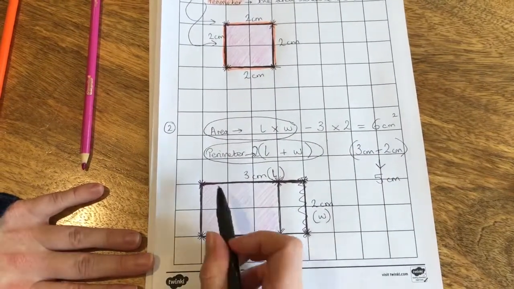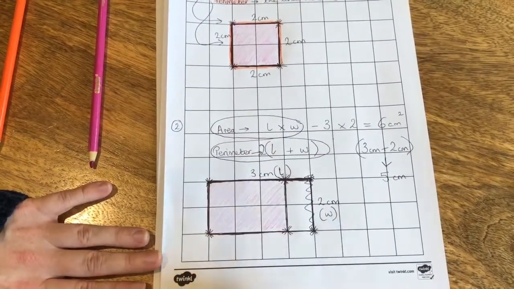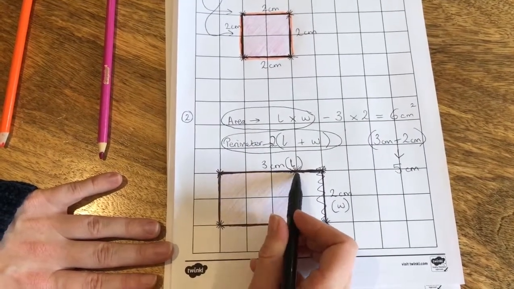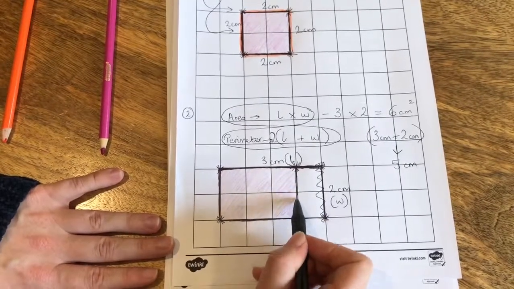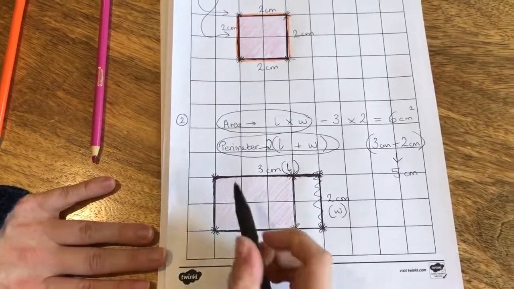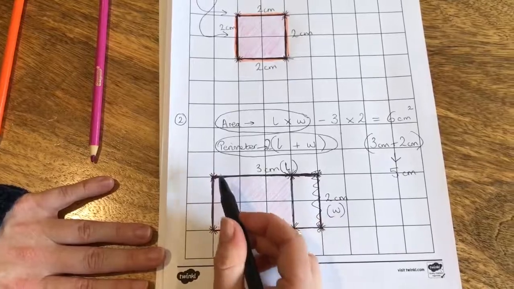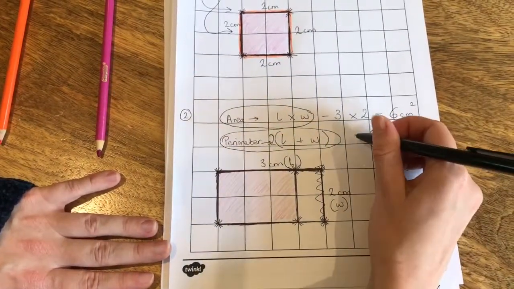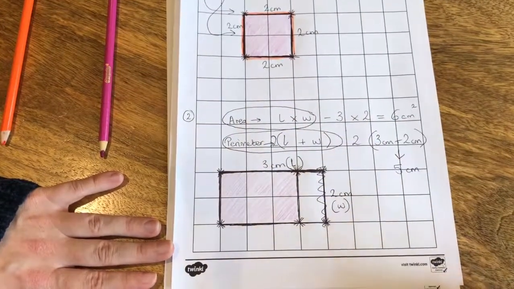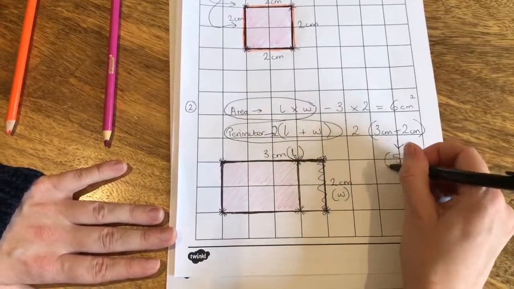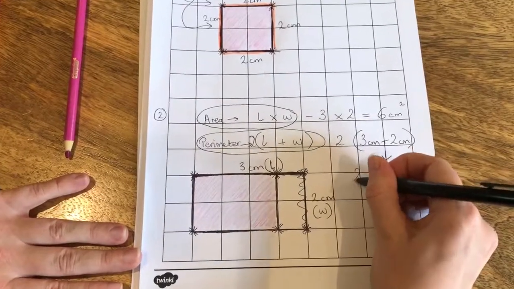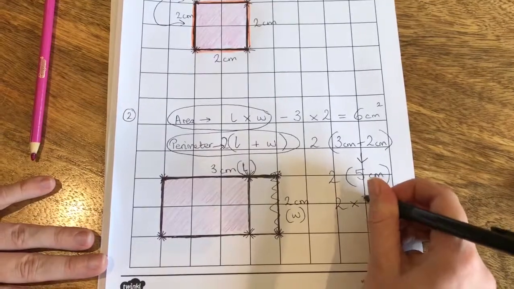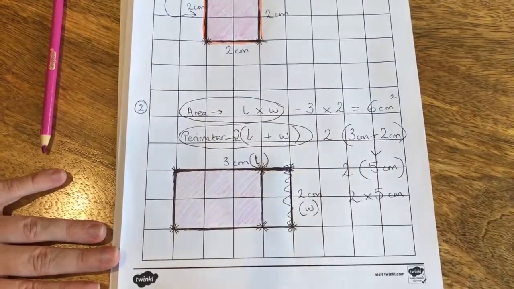Okay, but if we're going to add this up, we can see that that only gives us half of the outside. That would give us 1 centimetre, 2 centimetre, 3 centimetre, 4 centimetre, 5 centimetre. But of course that's not the whole way around the shape. We've still got another half of the shape to go. So that is why it says the 2 here. That means to times the whole thing by 2. So if we go down here, that means 2 times 5 centimetres.